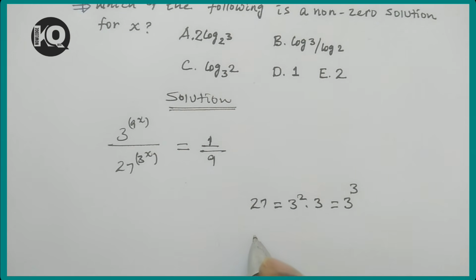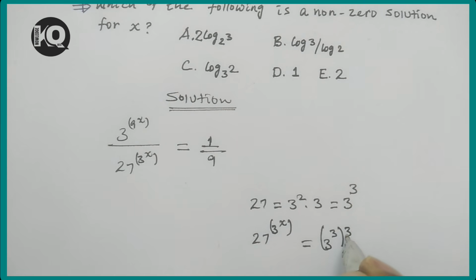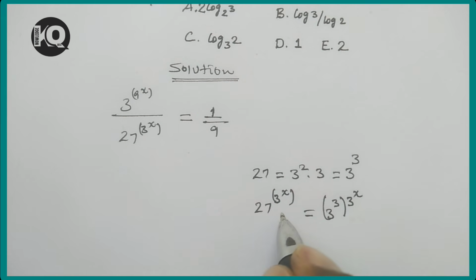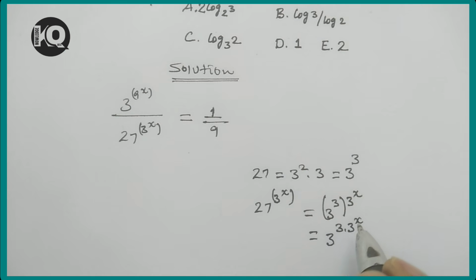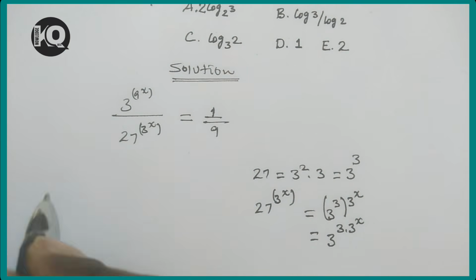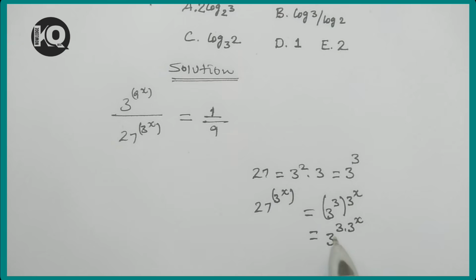So 27^(3^x) will be 3^(3 times 3^x). So let's use this expression in our problem.